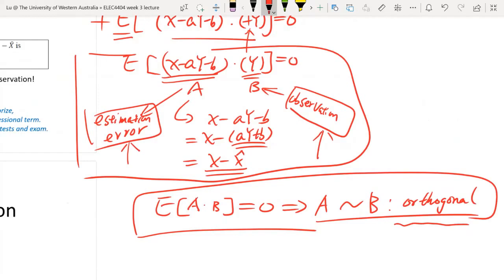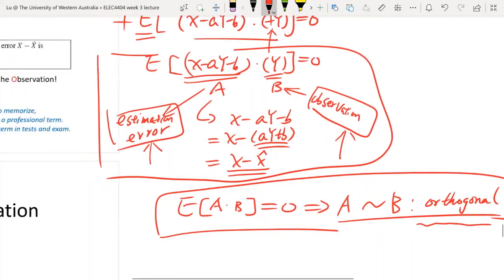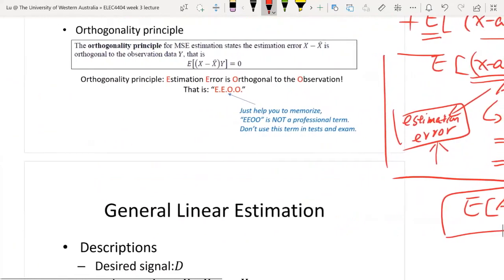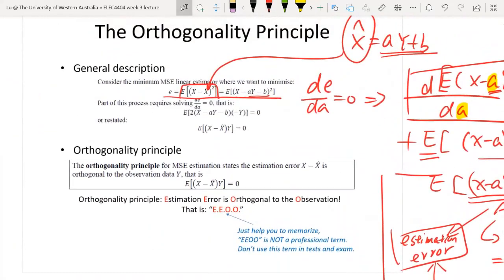The expectation of the product between these two things is 0. Okay, this is called the orthogonality principle. So actually in this slide, we are talking about this thing. You can see the expectation of the estimation error times the observation is equal to 0.